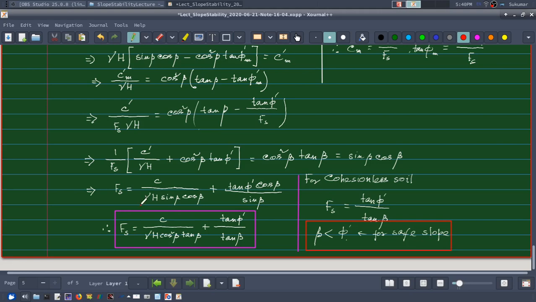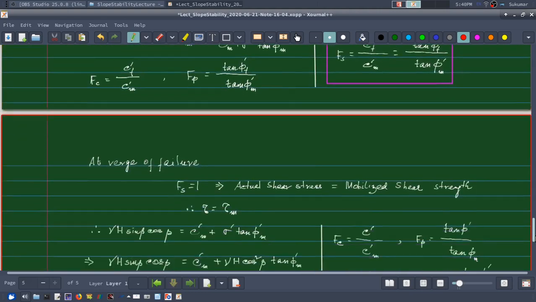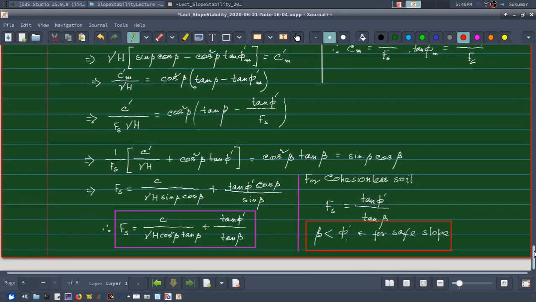Next, in a C phi soil, I may find out at what depth actually the failure will occur. That means at what depth, what is the value of H here, which will make my Fs 1, and that depth I will call H critical, or critical height of the slope in a C phi soil.